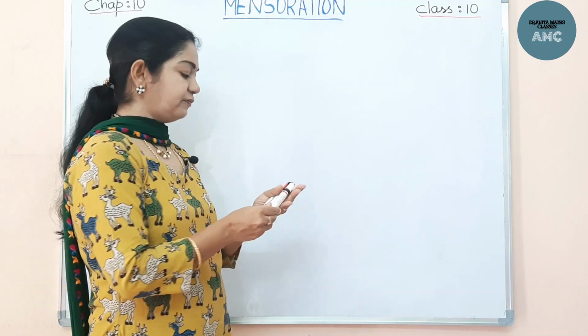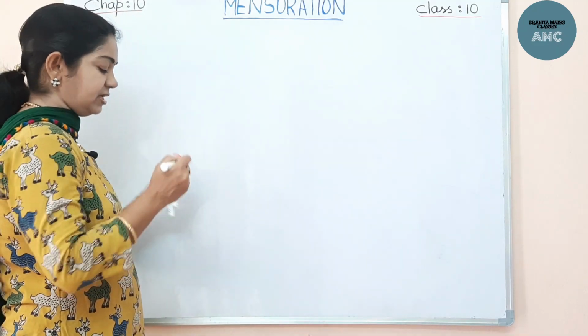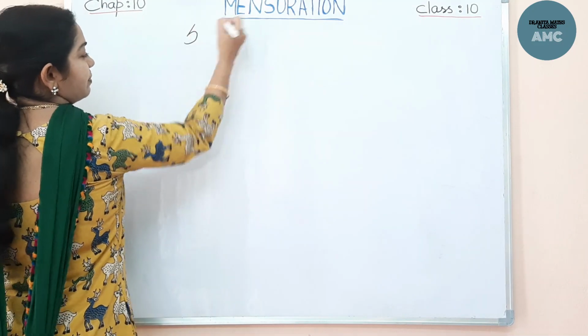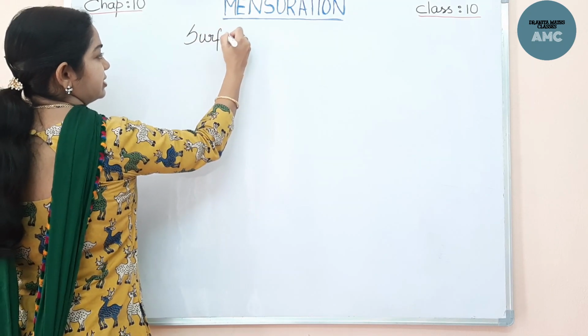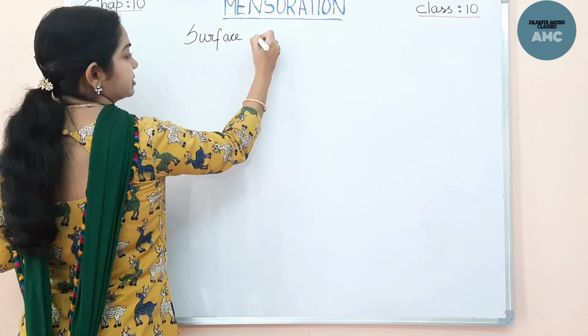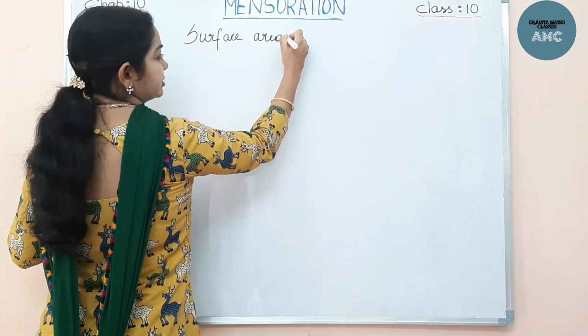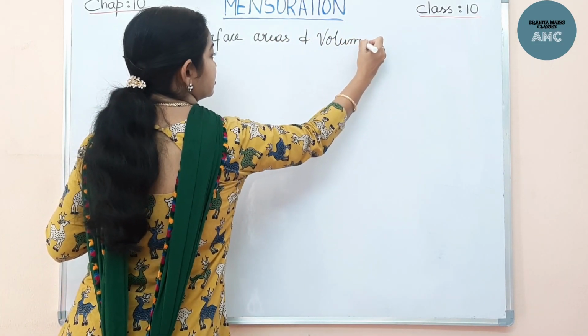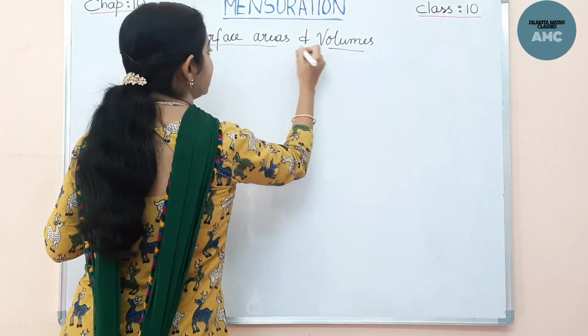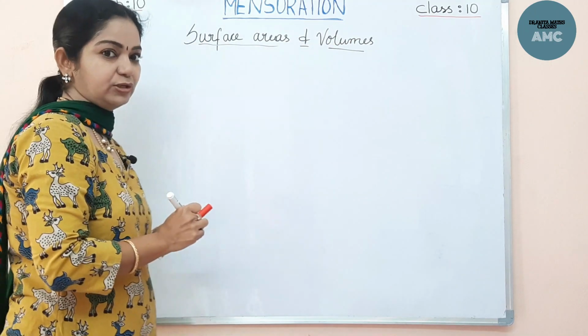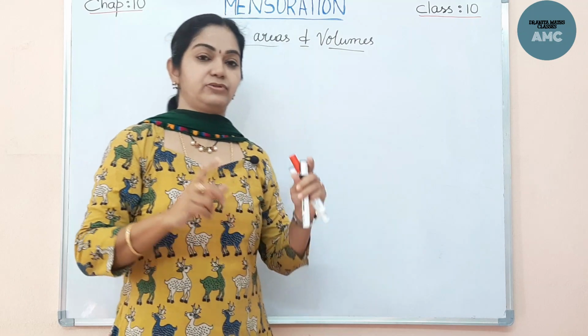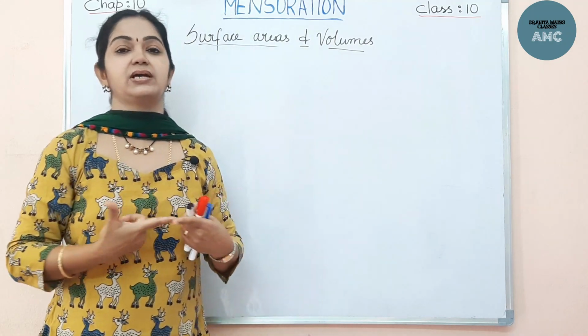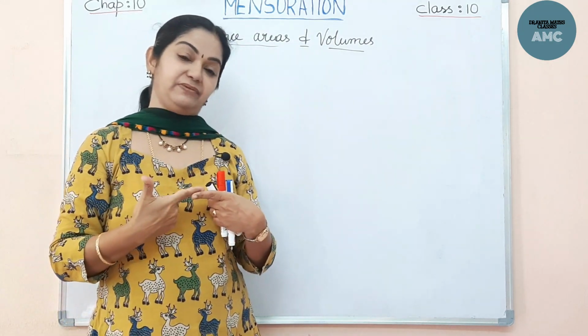Now when we are talking about mensuration, it is nothing but the surface areas and volumes of solid objects. Now we know how to differentiate between the surface areas and the volumes which you have learned previously.